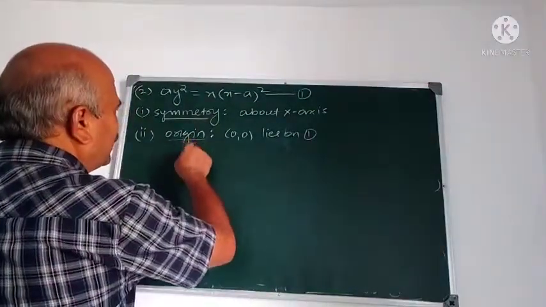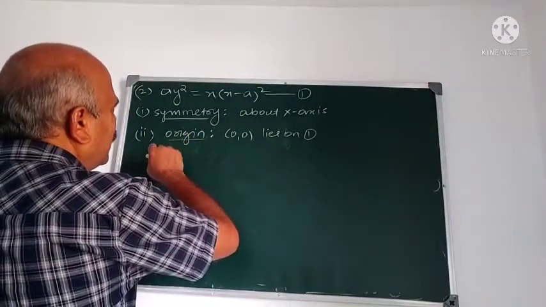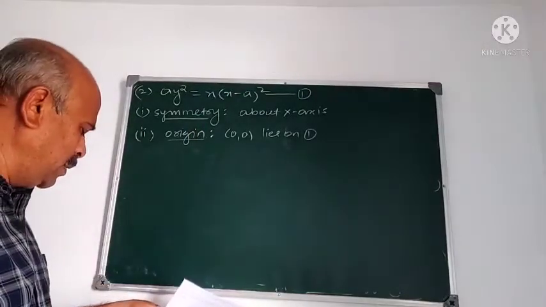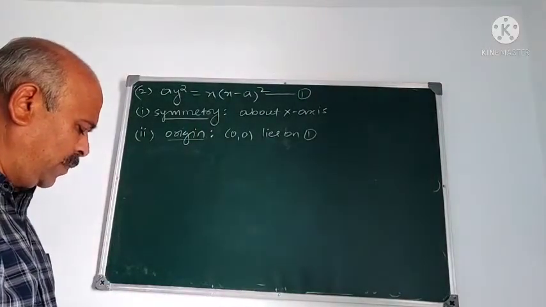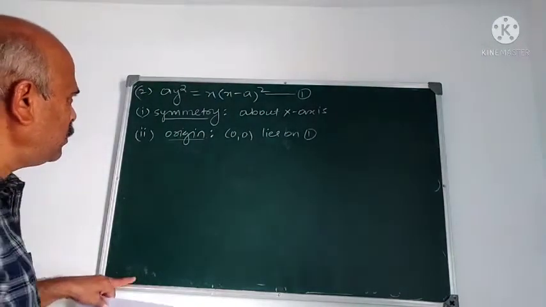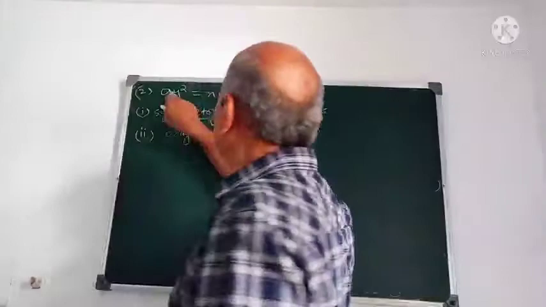For that, how to find the tangent at the origin? The tangent at the origin is obtained by equating the lowest degree term to 0. What is the lowest degree term here?